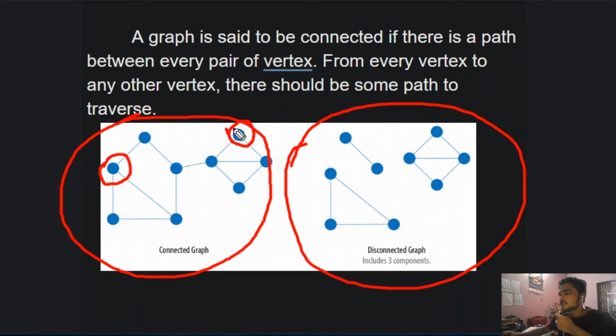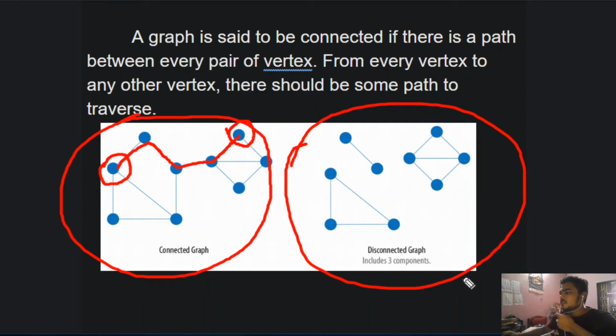For example, if we take this node and this node, these two may not be directly connected, but they are connected through this path, right? So this is a connected graph. But if you see this disconnected graph, we have components inside it because they are not connected, so they are split into different components of a graph.